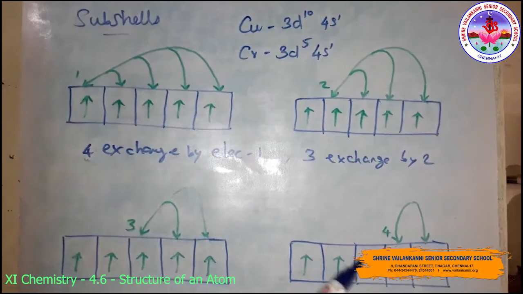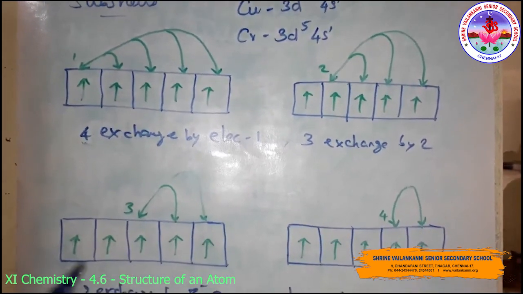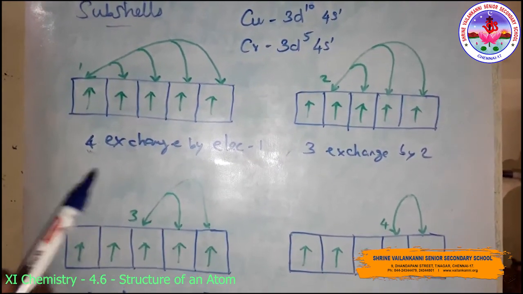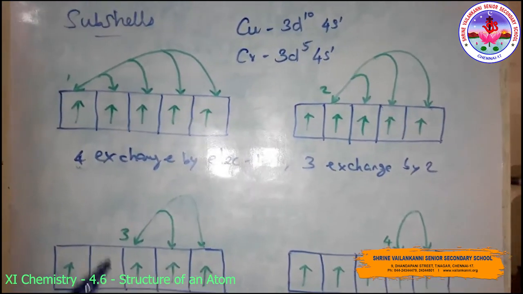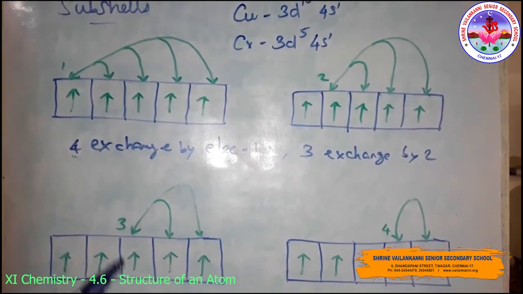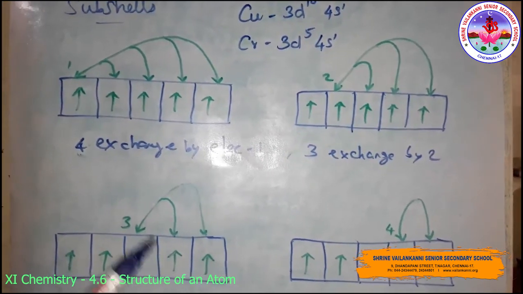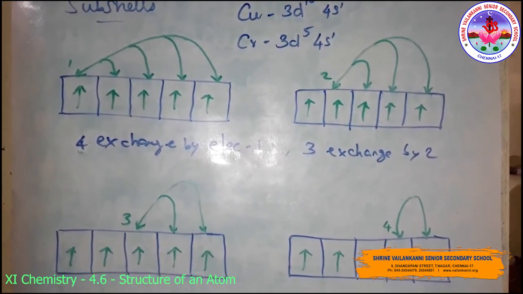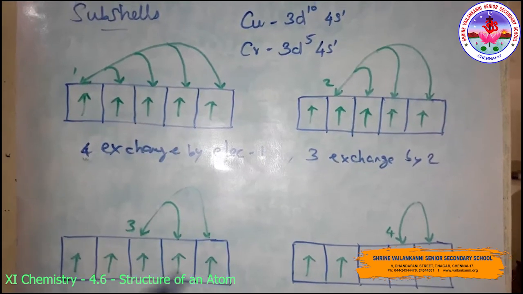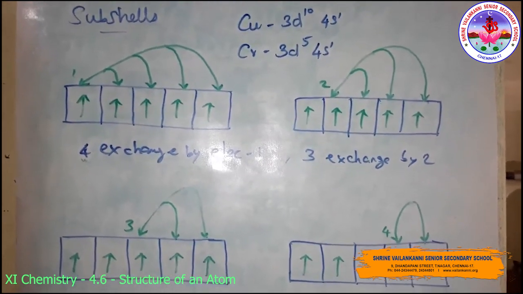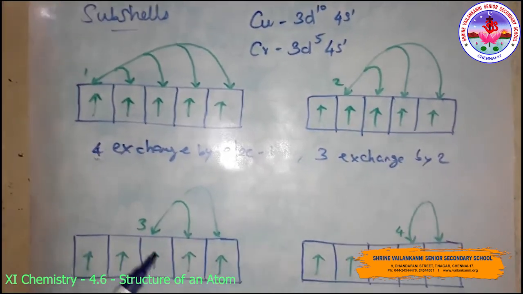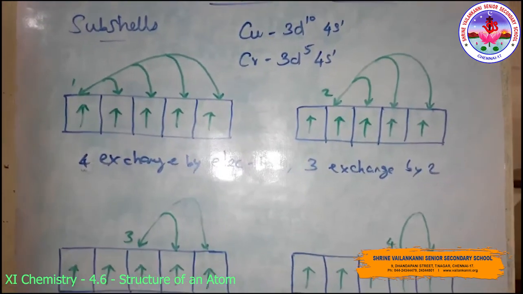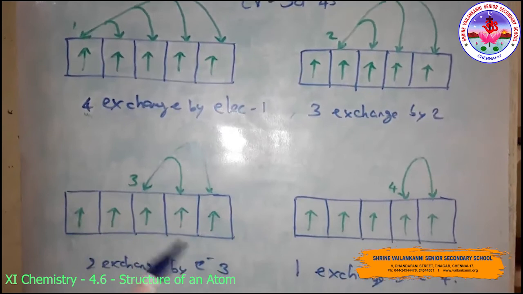This half filled and completely filled is the stability. You may note that the exchange energy is on the basis of Hund's rule that electrons which enter orbitals of equal energy have parallel spin as far as possible. So in other words, the extra stability of half filled and completely filled subshells is due to the relatively small shielding, smaller Coulombic repulsion energy, and larger exchange energy.